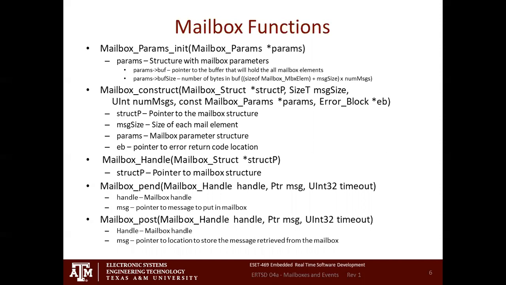We don't pass the value we want to put in the mailbox, we pass it a pointer to the value that we want to put in the mailbox. Okay, and then we give it a timeout because we're pending. We can wait forever. We can choose not to wait and just check the error code to see if there was an error when we pended, it didn't work. Or we can set a timeout, okay? Just like you can with semaphores.